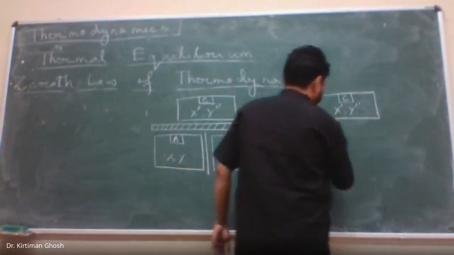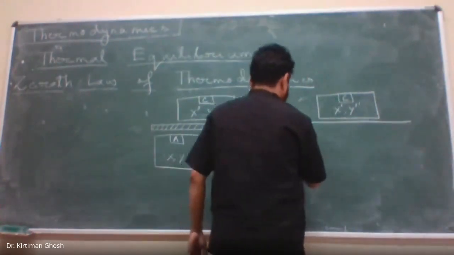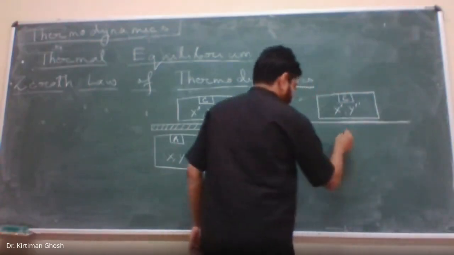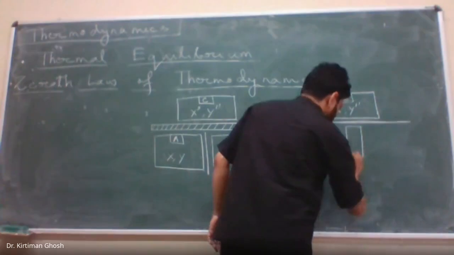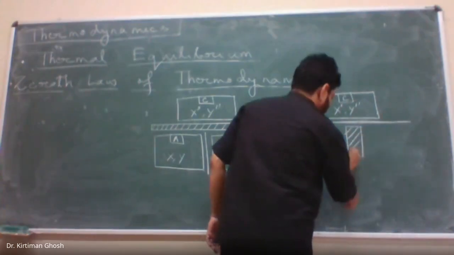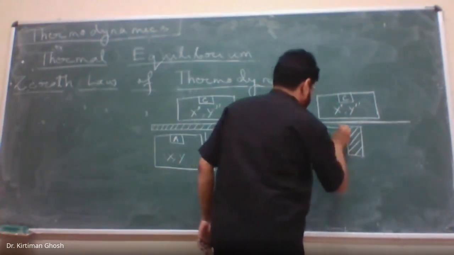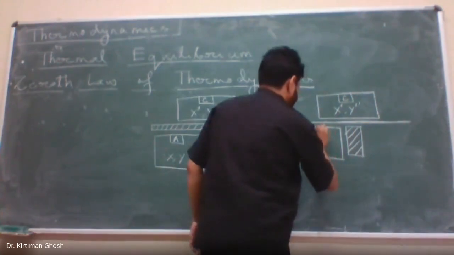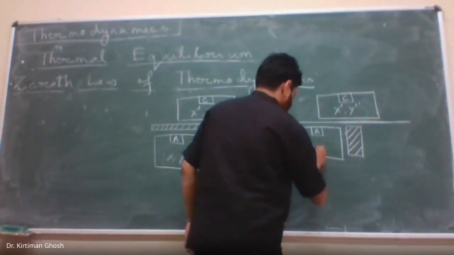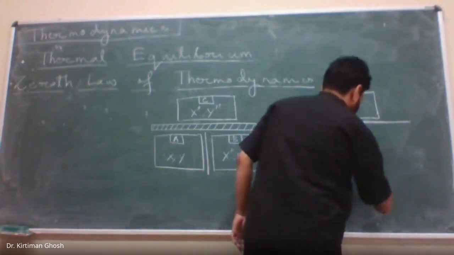I have a diathermic wall here, then an adiabatic wall here. I have system A situated here, and system B is here.